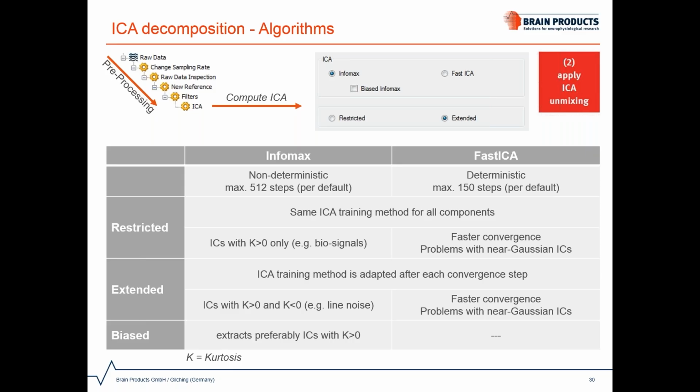Fast ICA, as the name suggests, is meant to converge faster than Infomax. And in fact, Fast ICA is an optimization of the Infomax algorithm. But they are also different in the sense how they evaluate the components. Infomax uses a non-deterministic algorithm and can thus deliver slightly different results when you run ICA again on the same data set.